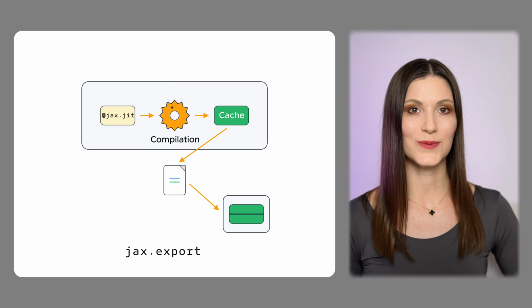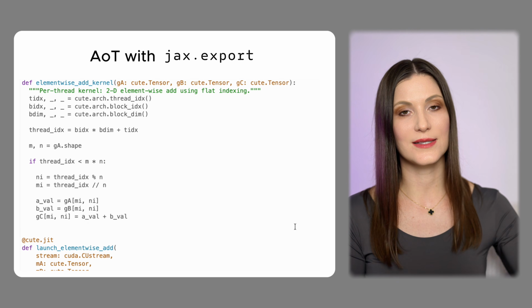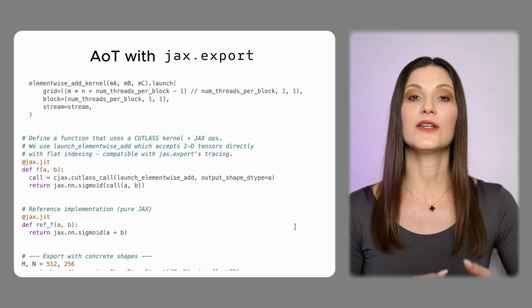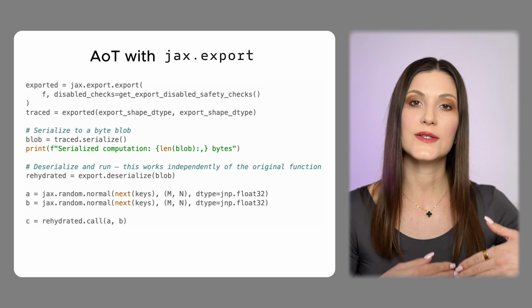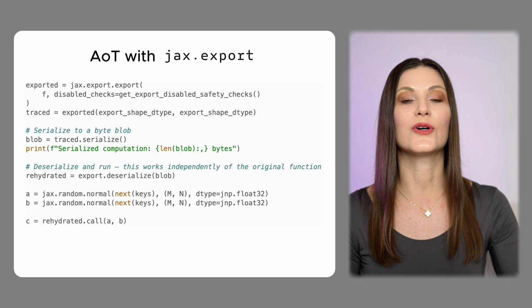That's where jax.export comes in. In this demo, we build a function that combines a CUTLASS custom call, an element-wise add kernel, and a normal JAX op, like sigmoid. Then we export it, serialize it to bytes, and deserialize it back into a callable artifact.